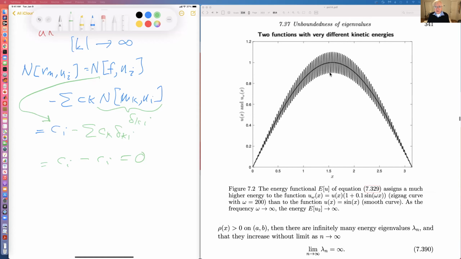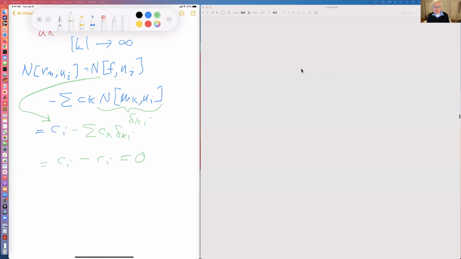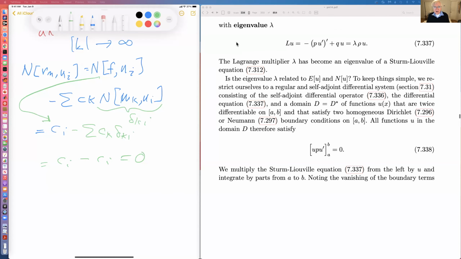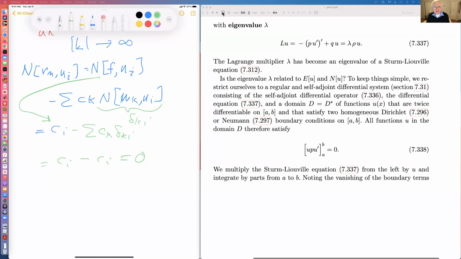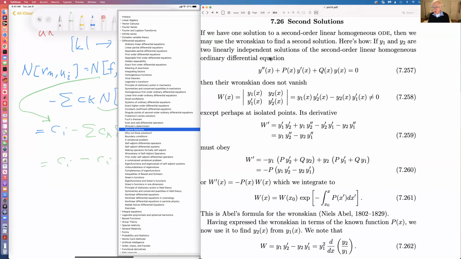I'm having a lot of trouble finding this, and the way to find it, I think, is to go back to an earlier part of the book, and then to search for the word yes.